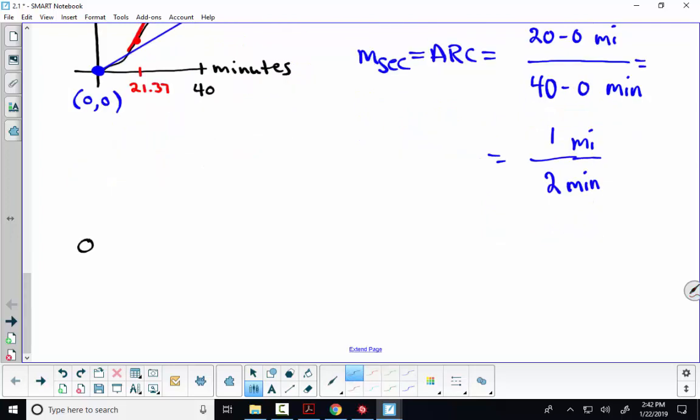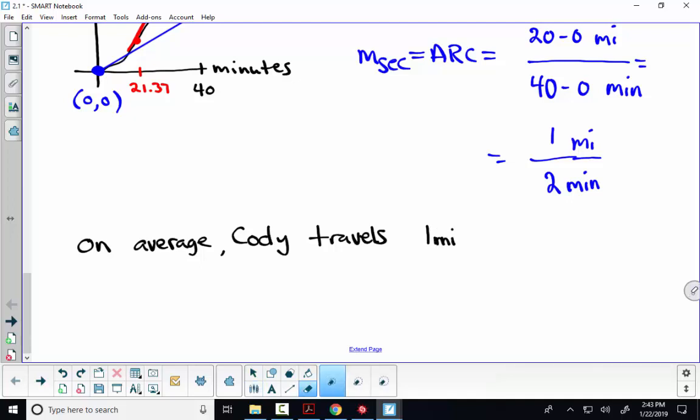So here we'll just say on average, I travel 1 mile in 2 minutes. Is that 30 miles per hour?